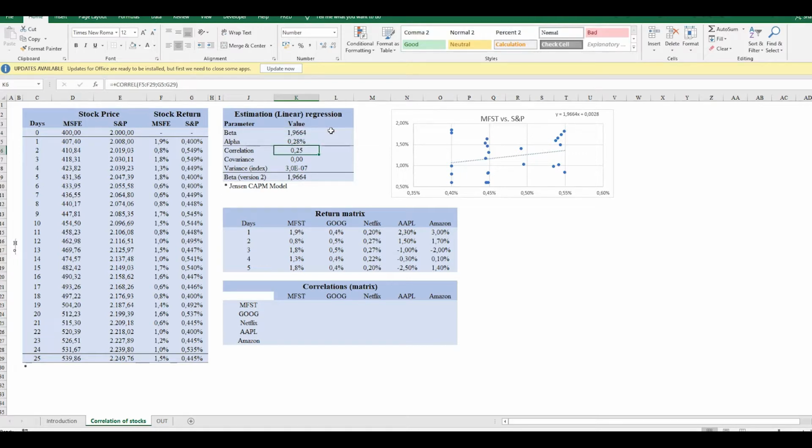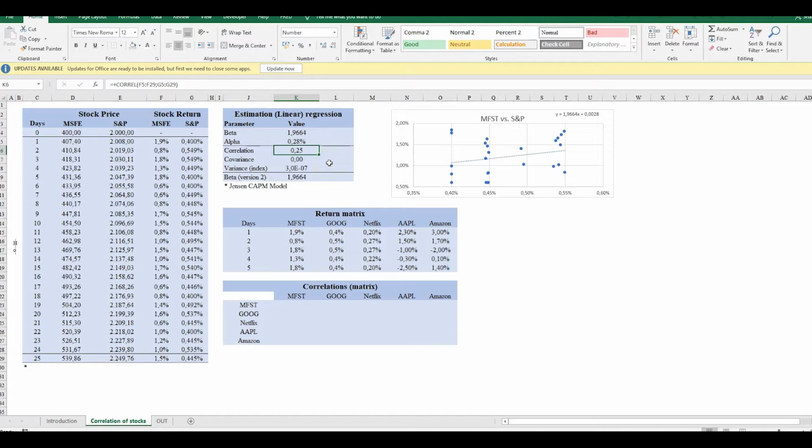Okay, the correlation now, as I said, can be calculated with the CORREL function, but what we could have done was to calculate the R squared of the model and then take the square root, and I could calculate in here manually the R squared, but that will take a few minutes.